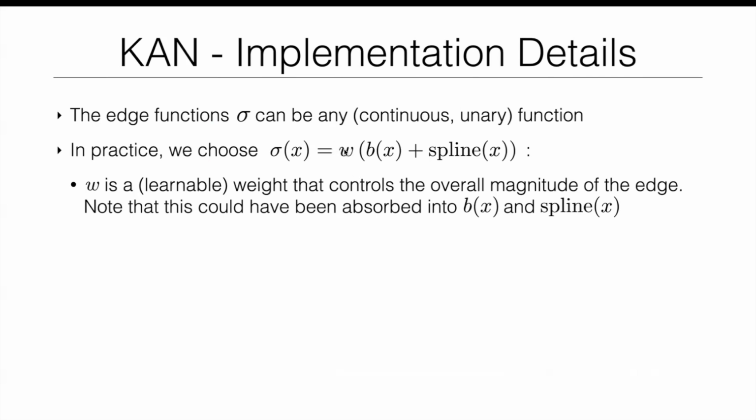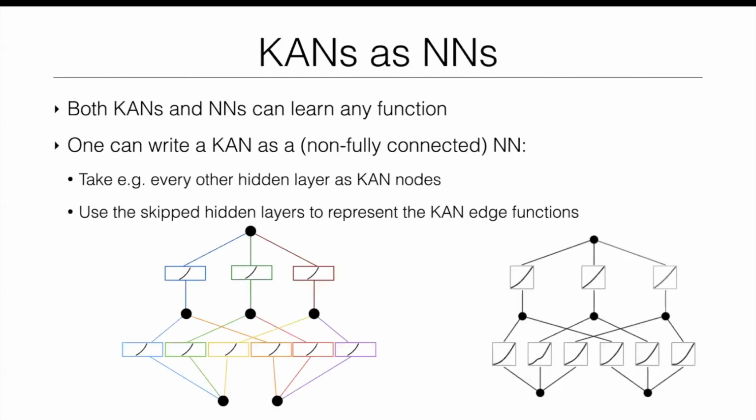Of course, we could have just absorbed this W into the function B and into the spline, but we found this representation useful. W is a learnable weight, and it's measuring the overall magnitude on each edge. It's telling you how big the contribution from this node into that node is along this edge.